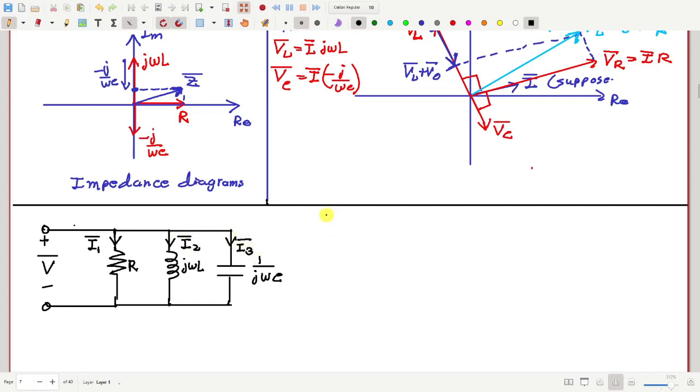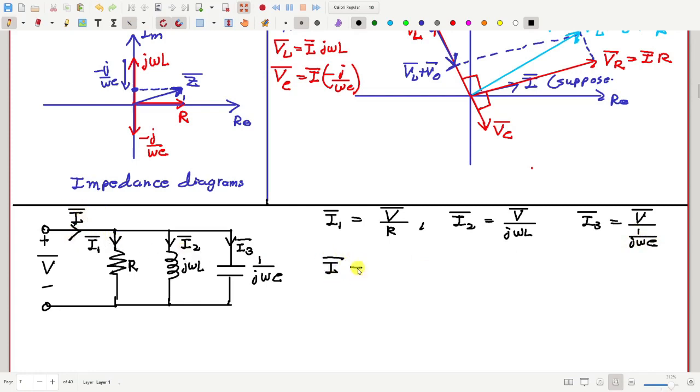Okay, then we will get I1 bar equal to V bar by R, then I2 bar will be V by J omega L, and I3 will be V by 1 by J omega C. Okay, then the total current I will be I1 plus I2 plus I3.